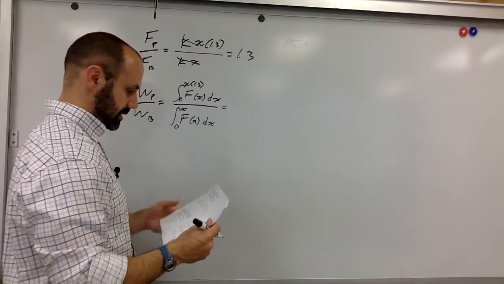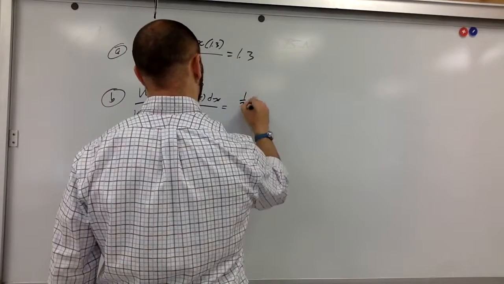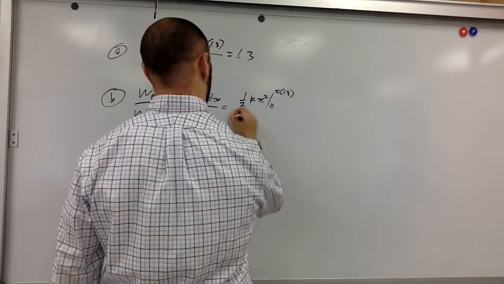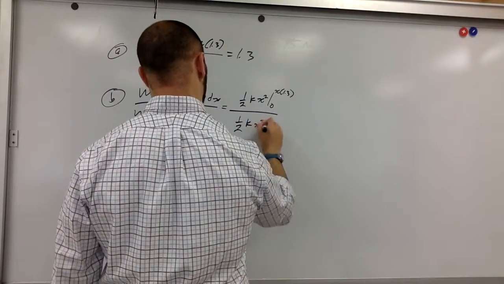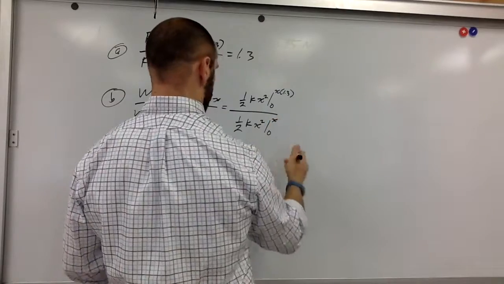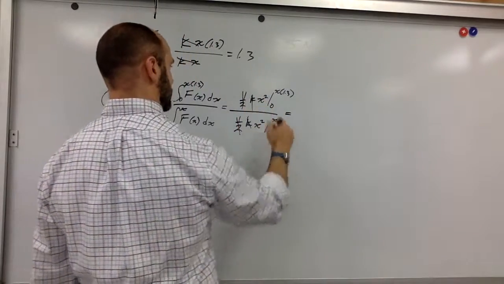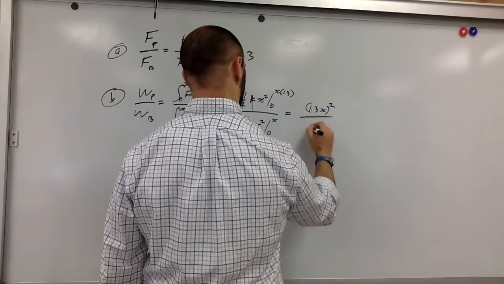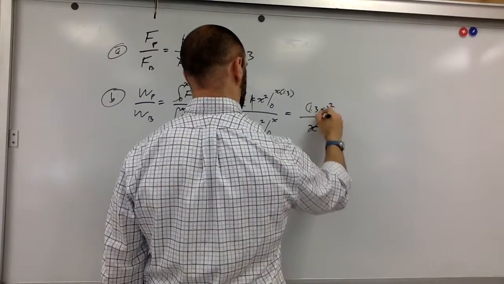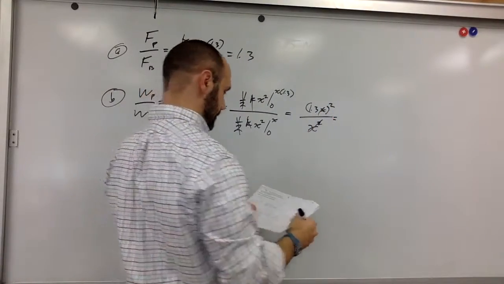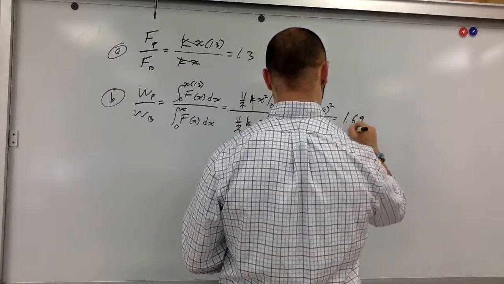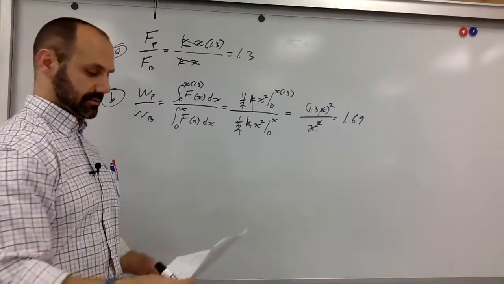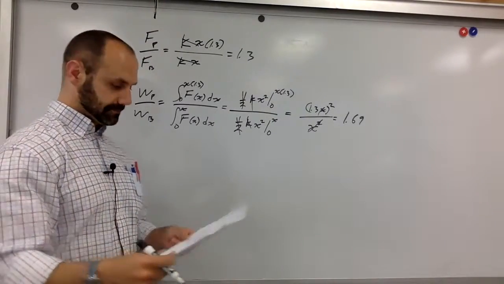We're just assuming this is kx, so this is 1/2 kx squared from 0 to x times 1.3 over 1/2 kx squared from 0 to just x. So these all cancel out, and this becomes 1.3x squared over x squared. So these things cancel, and I'm left with 1.3 squared, which is about 1.69. That's the ratio. He does 1.69 times as much work as the bio student. So good job, AP Physics student.